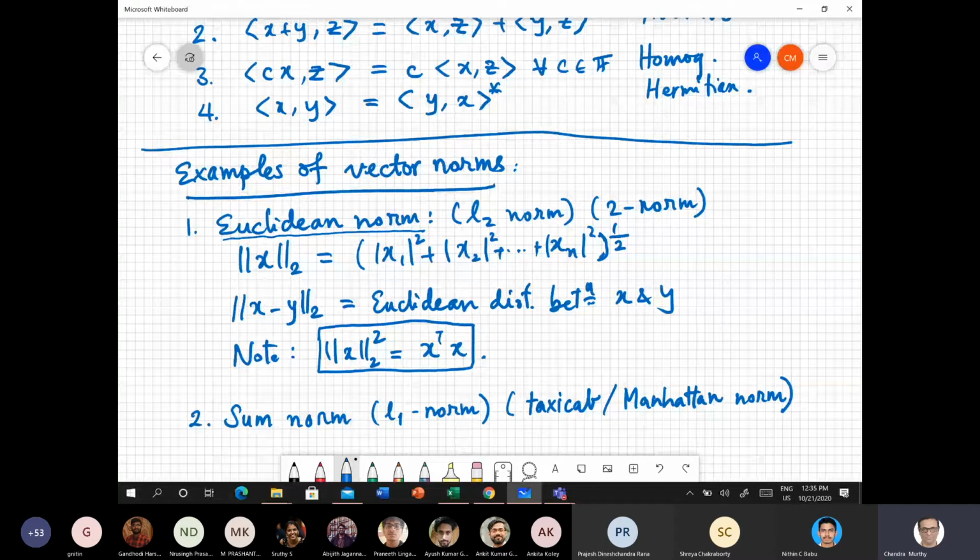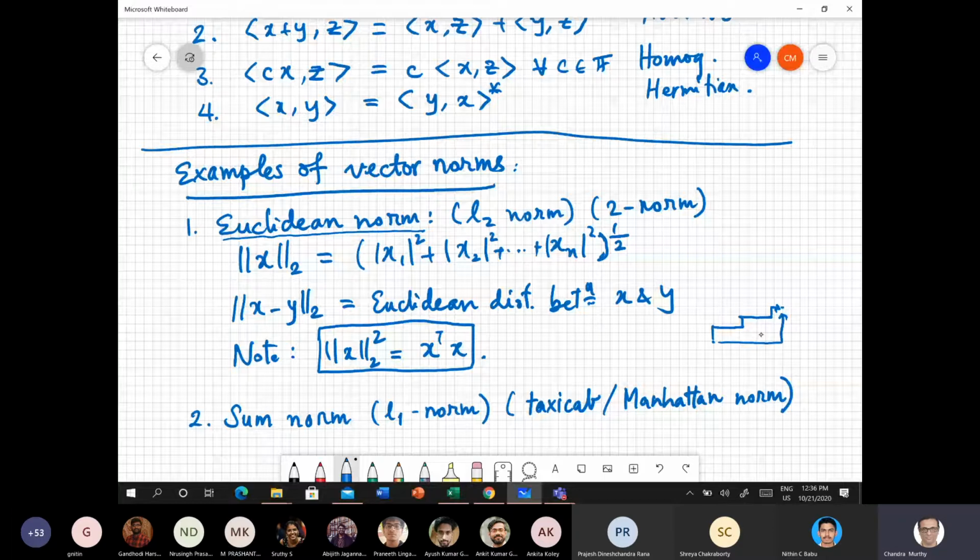So if you're given a point A and a point B, you can go from one point to the other along this grid in different ways, but however you go, the total distance you traverse is the same as long as you go along the sides of the grid. And that is basically this sum norm.